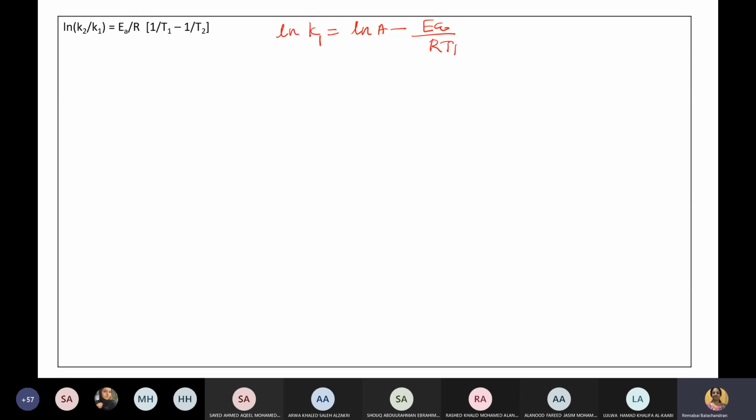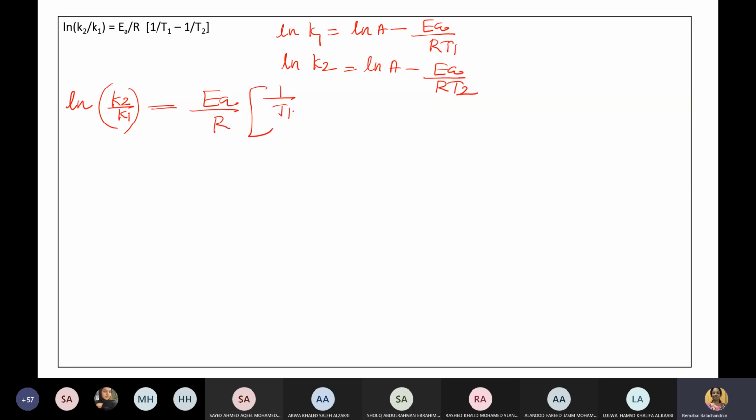If the temperature is T2, the rate constant will be k2. ln k2 is equal to ln A minus EA over RT2. If you solve these two, you will get this formula: ln of k2 over k1 is equal to EA over R times (1 over T1 minus 1 over T2).